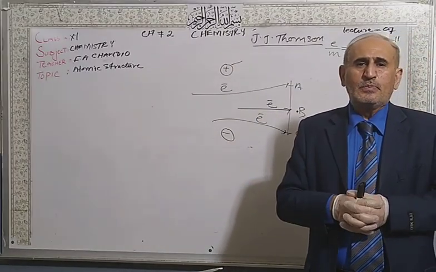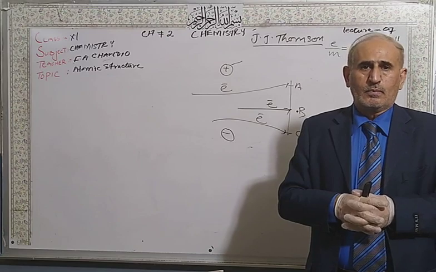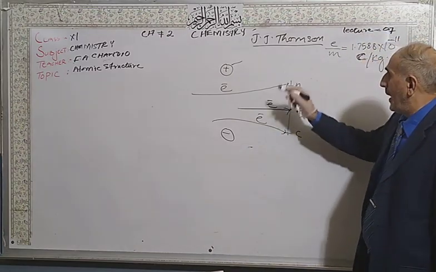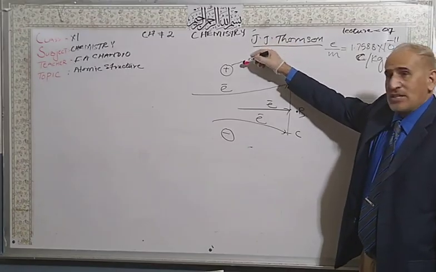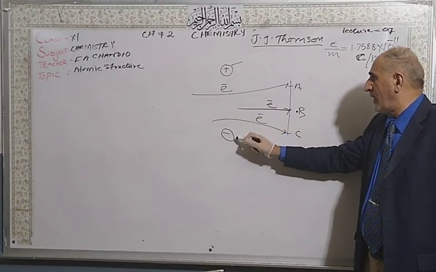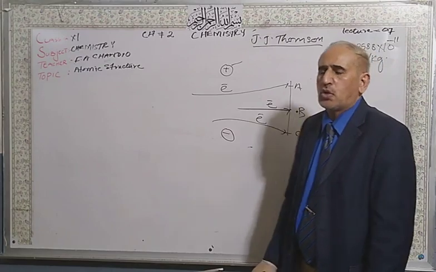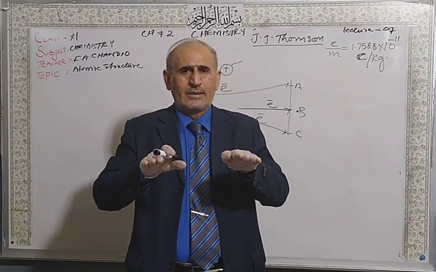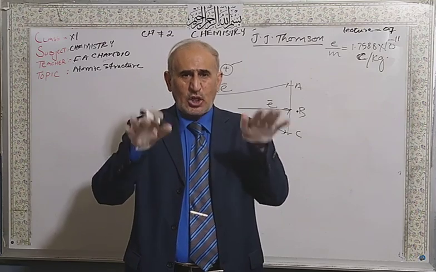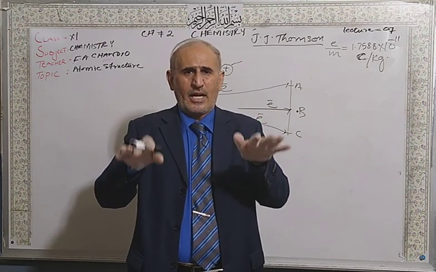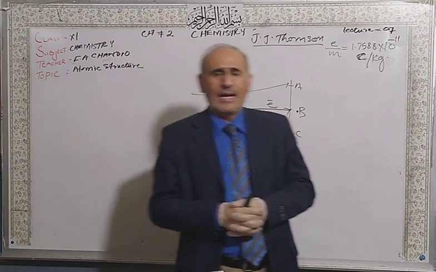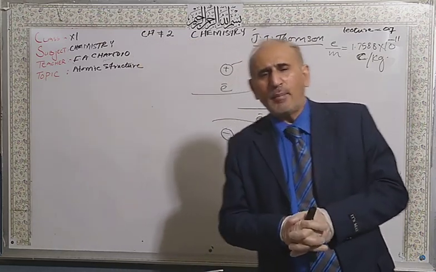J.J. Thomson balanced and equalized the strength of the electric field and the magnetic field.